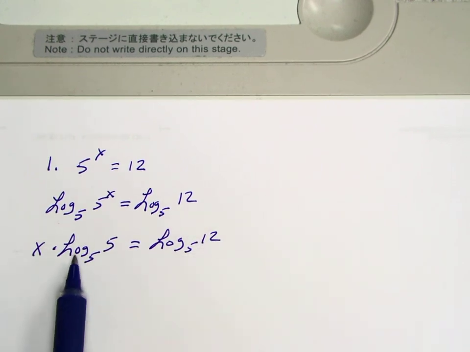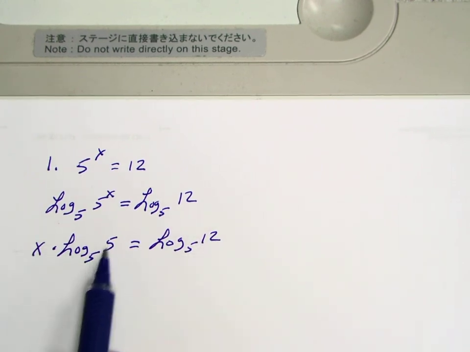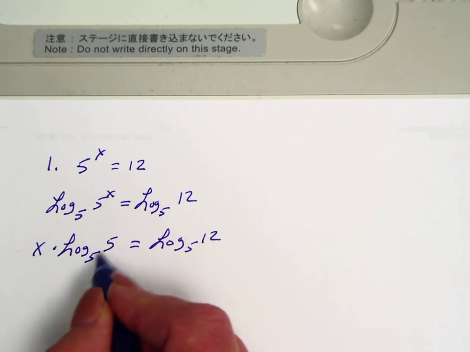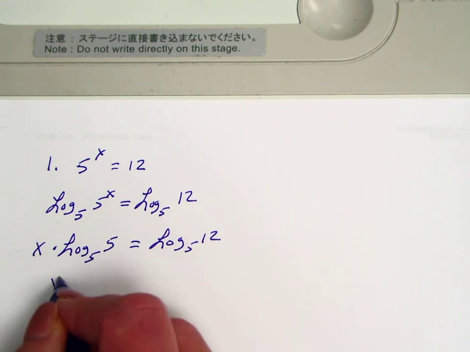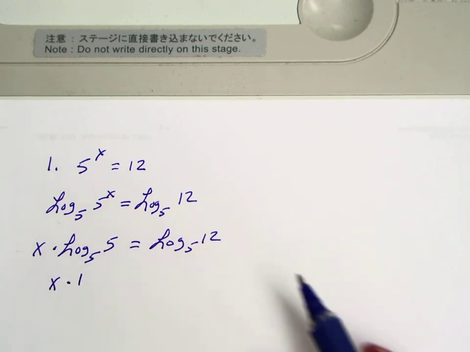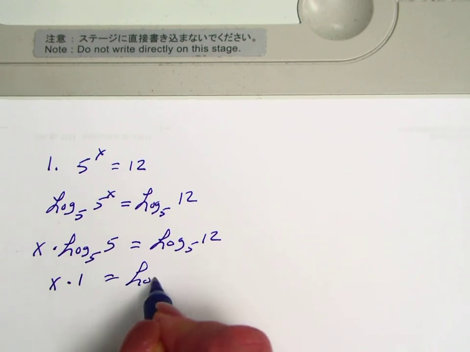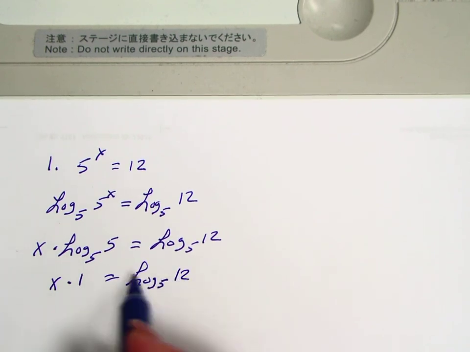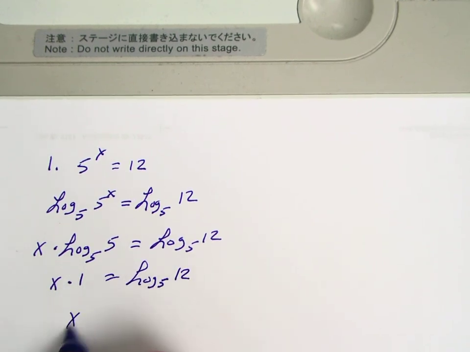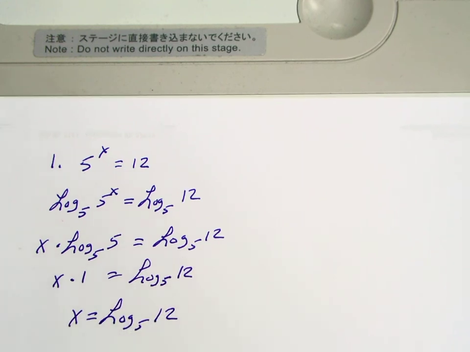So the log of base 5 of 5 is 1, because 5 raised to the first power gives us 5, so we have x now times 1. So then that's just going to give us x equals the log of base 5 of 12.